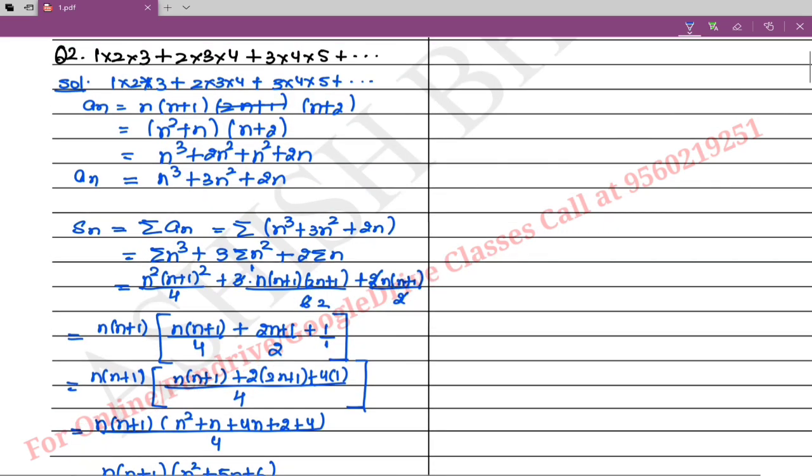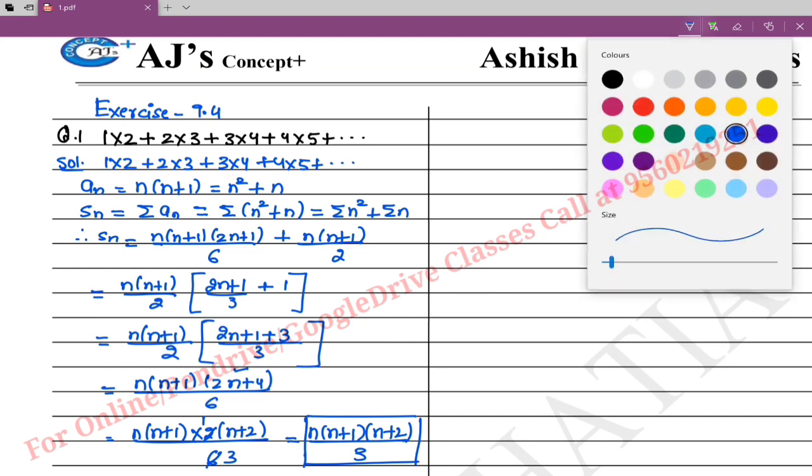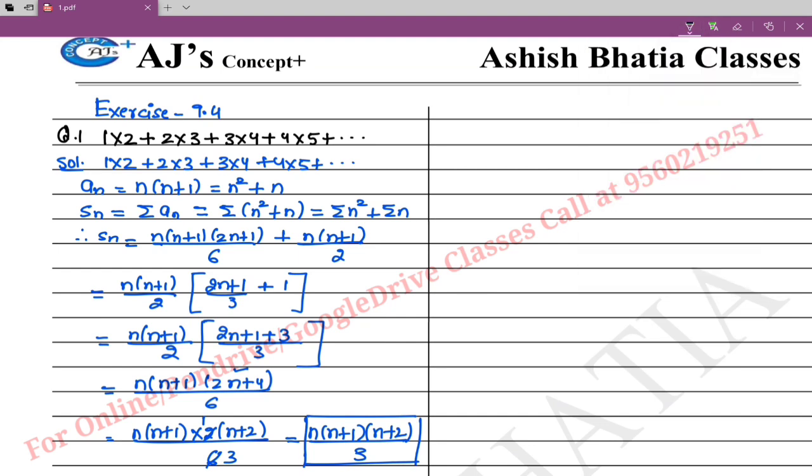Now let's come back to question number 3. The question number 3 says we have to find the sum of n terms of the series, and the series is given by 3 into 1 square plus 5 into 2 square plus 7 into 3 square and so on.